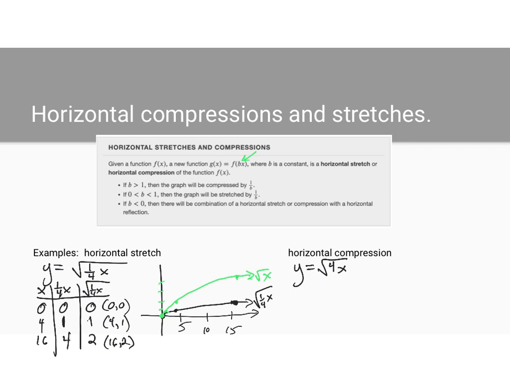And my other one, my horizontal compression, is going to be, again, start from the middle. Those are the ones we like. We want to make sure we put ones that we actually want to take the square root of there. So that came from dividing each of these by 4 to go back. So if I plug 0 into my function, I get 4 times 0 is 0, square root of 0 is 0.